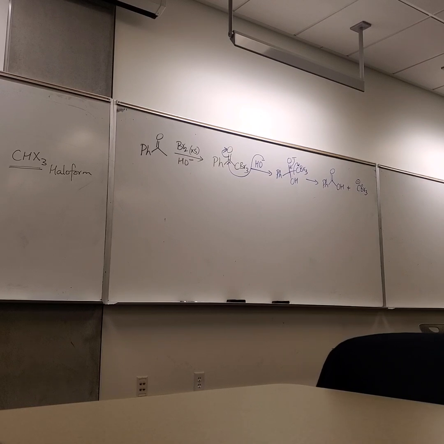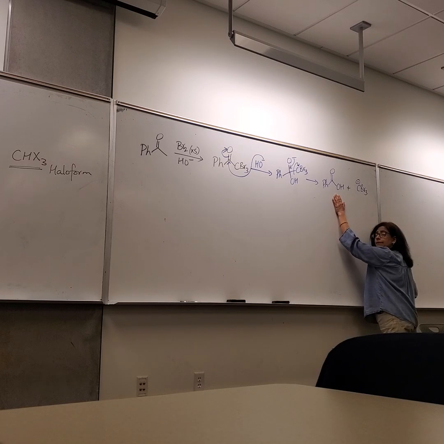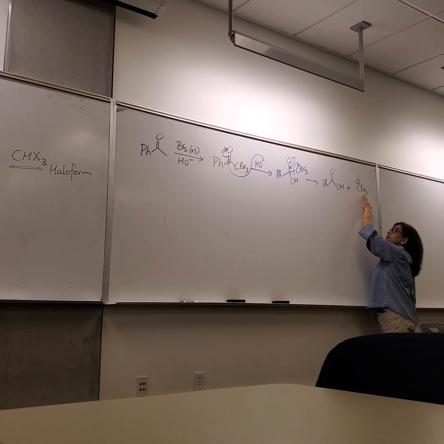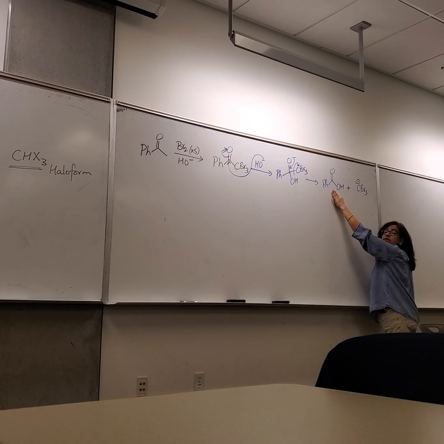Not quite, no. The haloform will take that proton, and what is this? Benzoic acid, right? Can it survive if there is a negative ion in the system? No. Acid wants to give a proton.